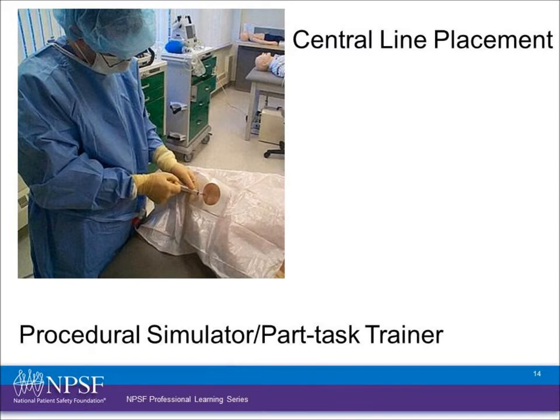One of the most important issues to deal with is not just the safety of placing the central line correctly, but of doing this under sterile conditions. It's been shown several times now that doing these kinds of trainings for central line placement, and using this to introduce one of the bundles, has really been effective at reducing infections from central lines.